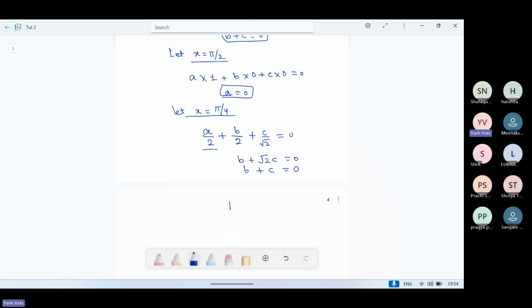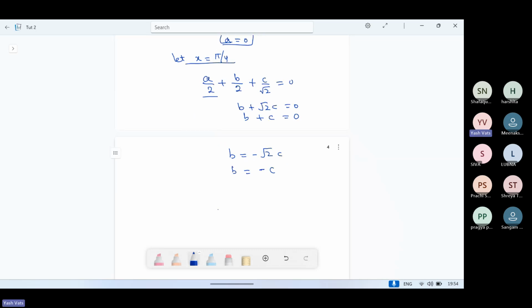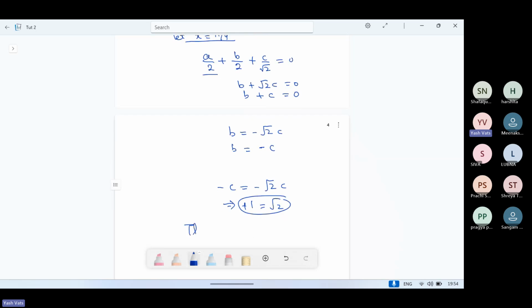So what you got? b is minus root 2 c and b is minus c. It means that minus c is minus root 2 c. It implies that c is non-zero, so minus 1. So 1 is root 2, which is not possible, right? This is a contradiction.